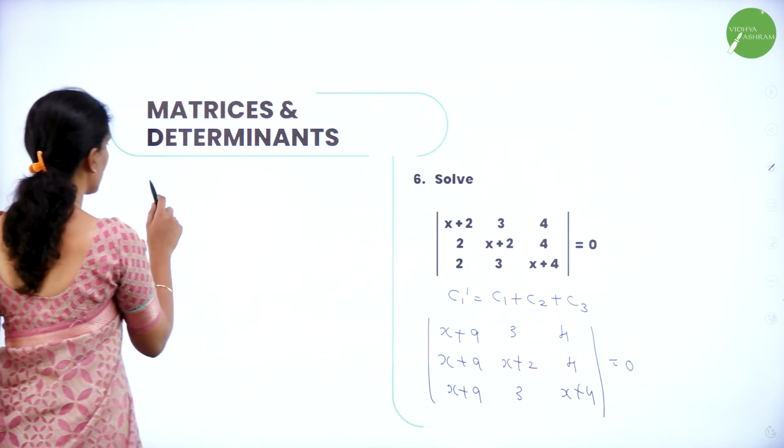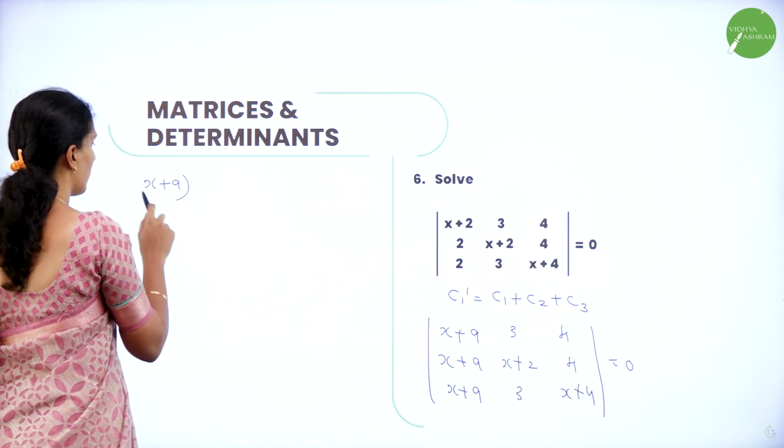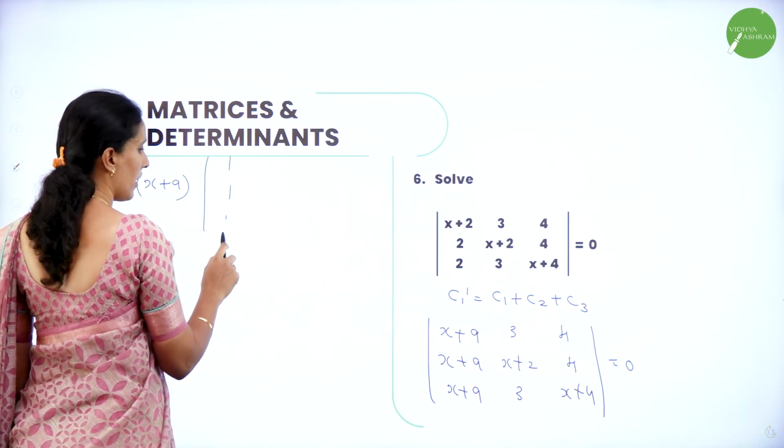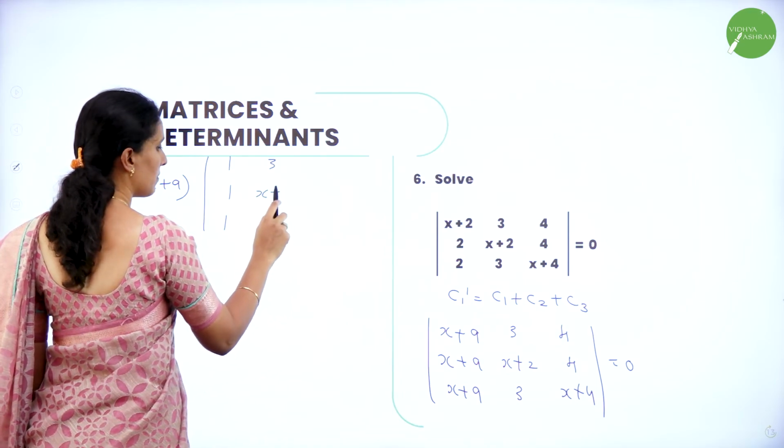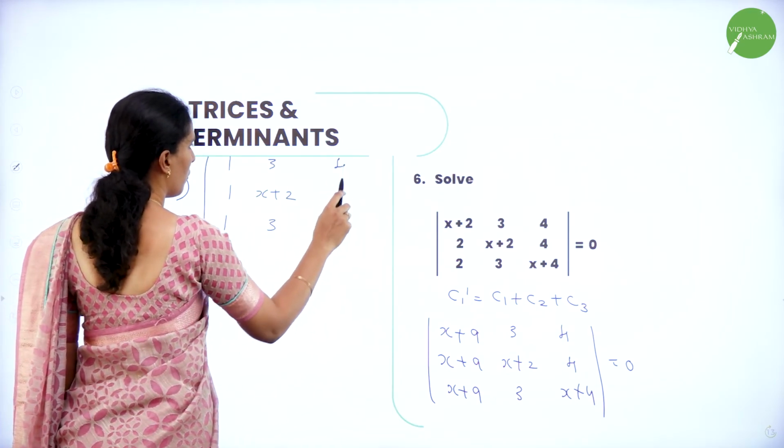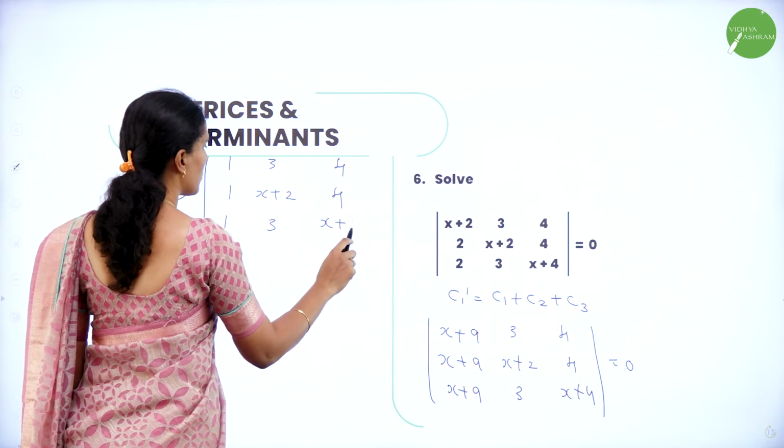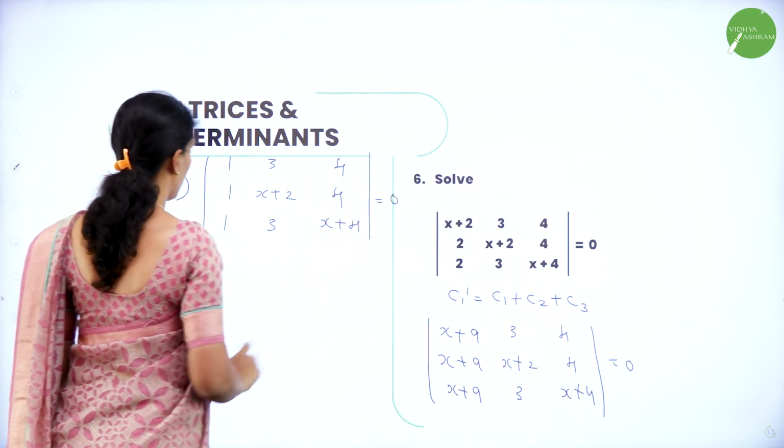Take x plus 9 as a common factor. Then 1, 1, 1, 3, x plus 2, 3, 4, 4, x plus 4 is equal to 0.